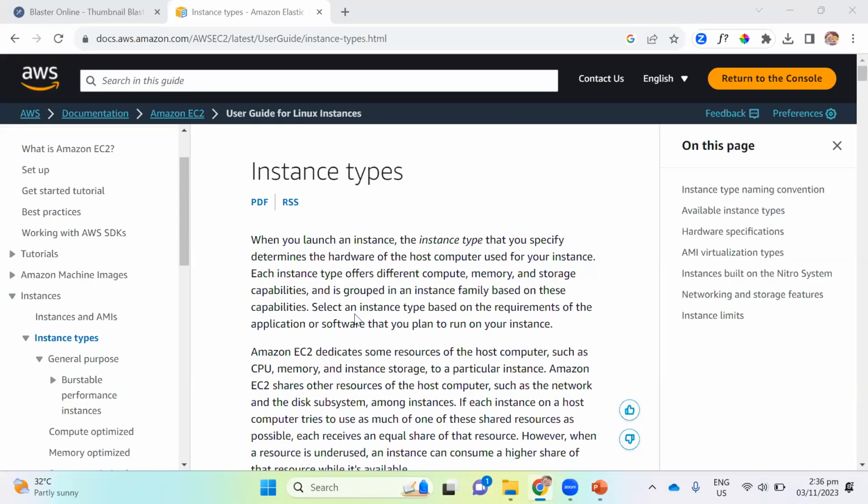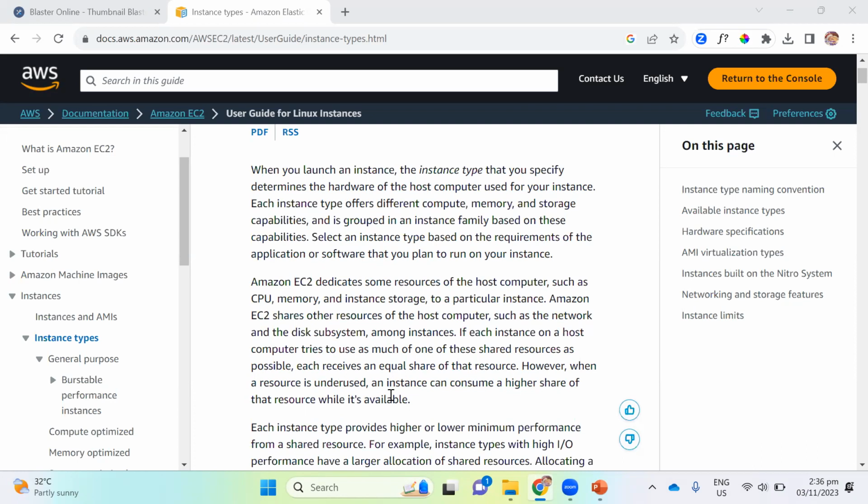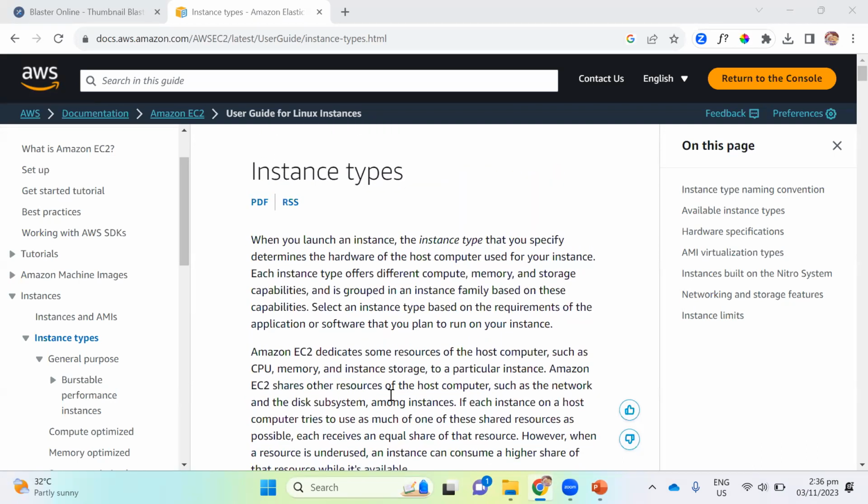Welcome back, everyone. So, in today's lecture, we are actually going to understand what are the different instance types for EC2. This is very important from your exam perspective because this particular lecture is dependent on the coming up lecture.